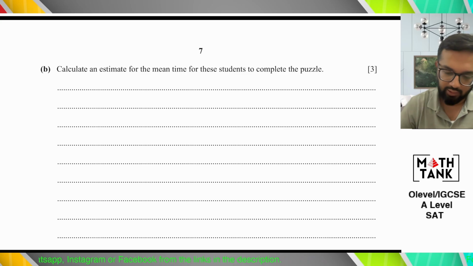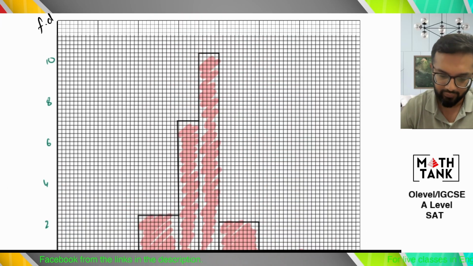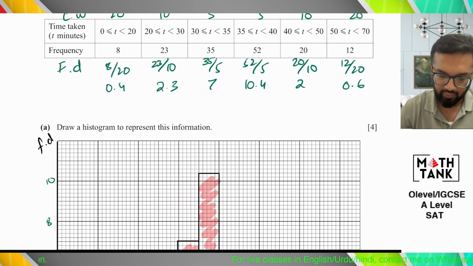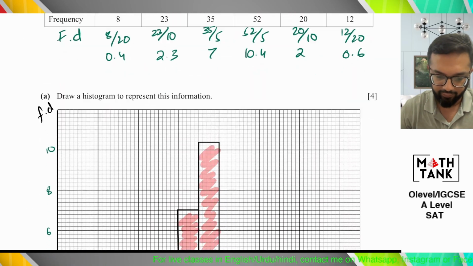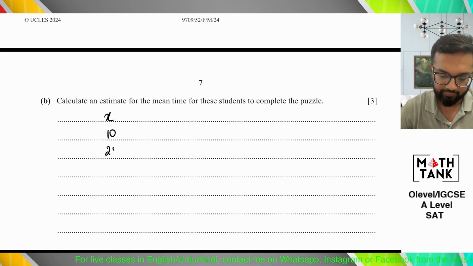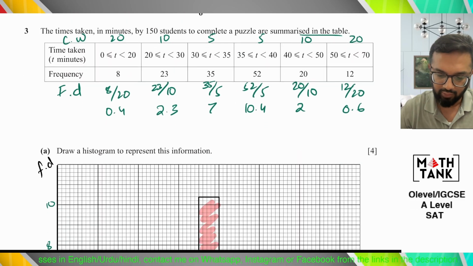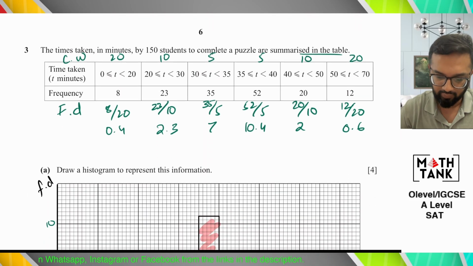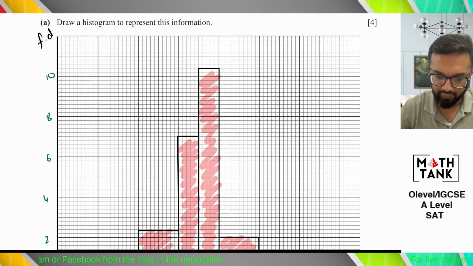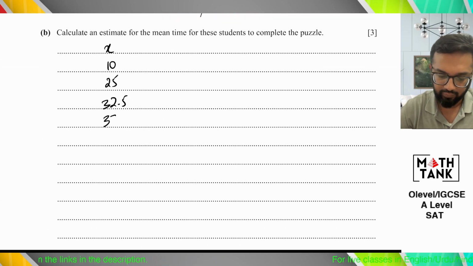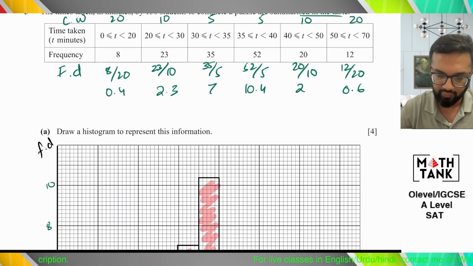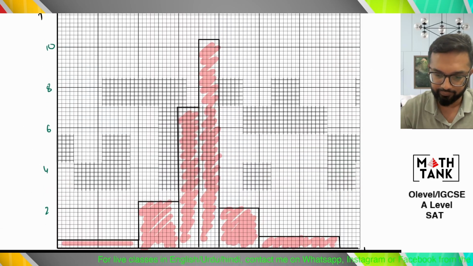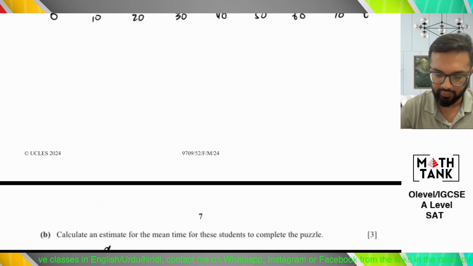I can calculate an estimate of the mean. So the midpoints are 10, 25, 32.5, 37.5, 45, and 60.